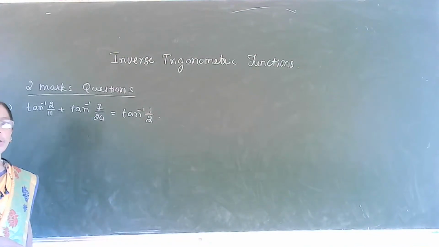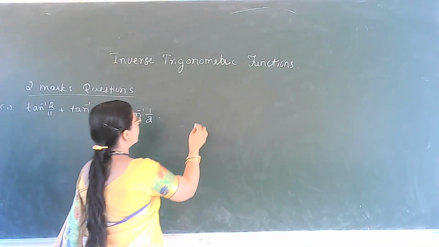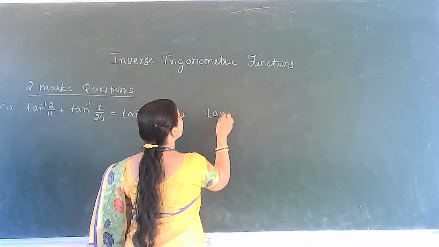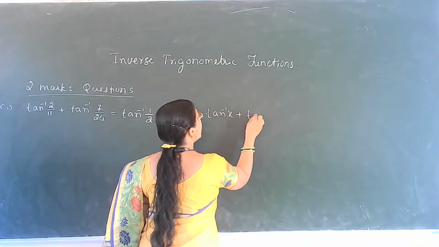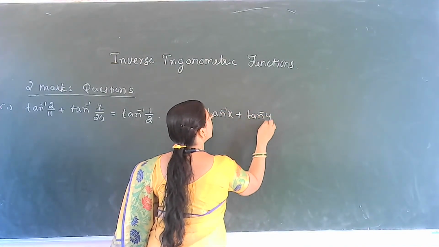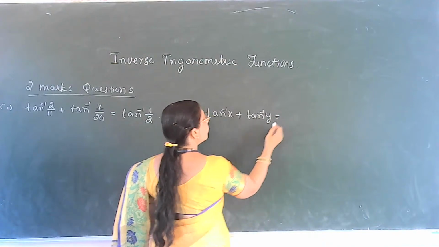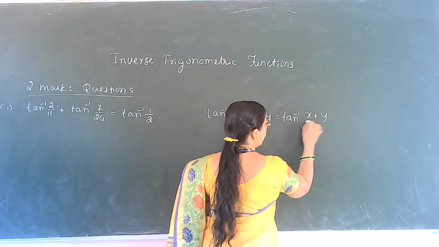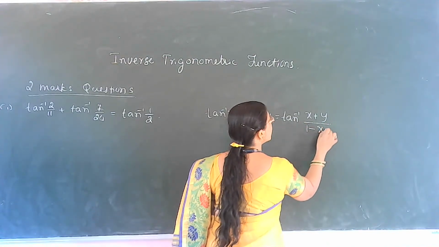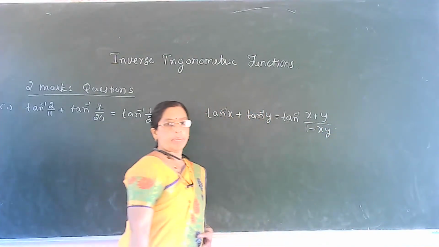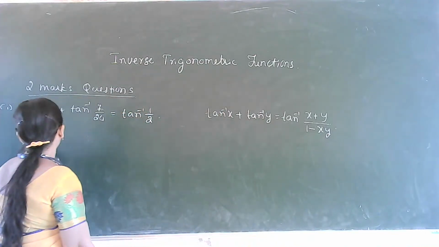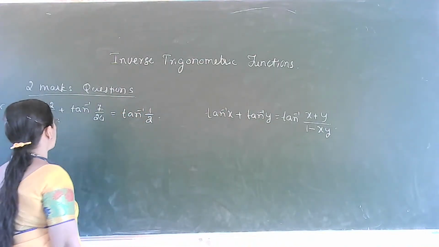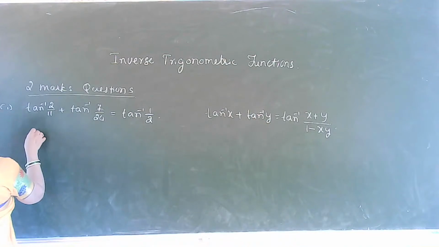Now, we shall solve this problem by using the property tan inverse x plus tan inverse y is equal to tan inverse of x plus y divided by 1 minus x into y. By using this property, you will solve this problem.